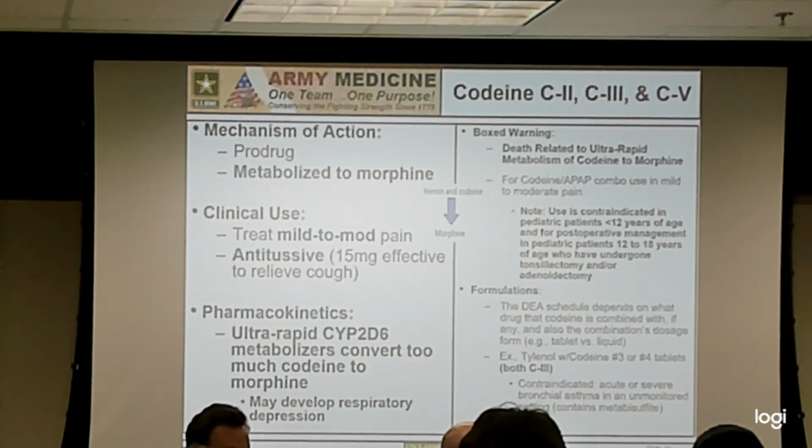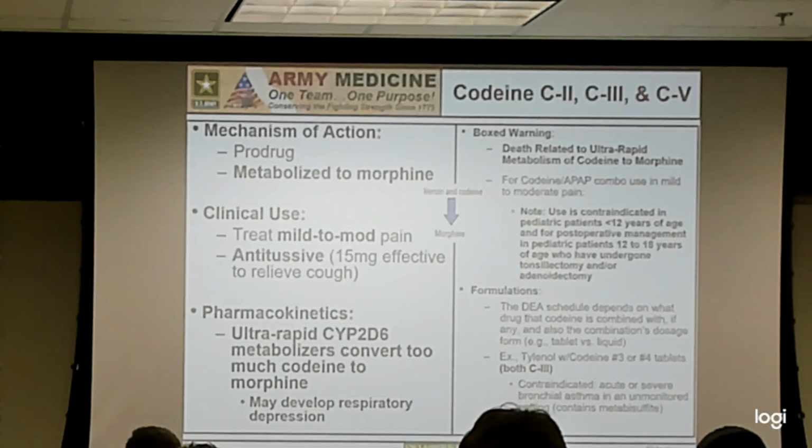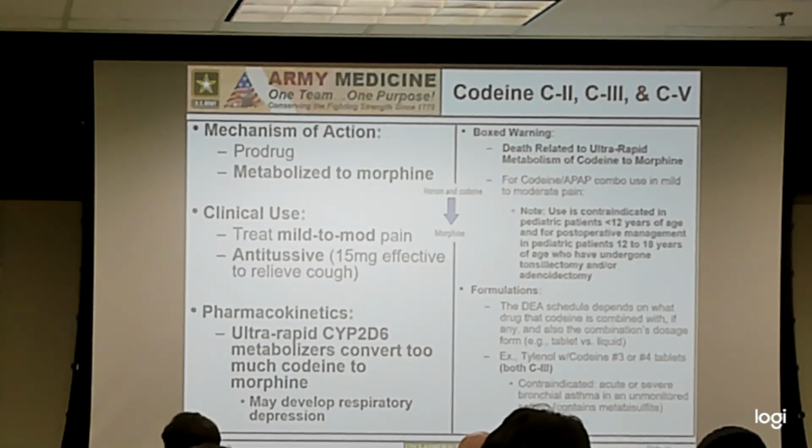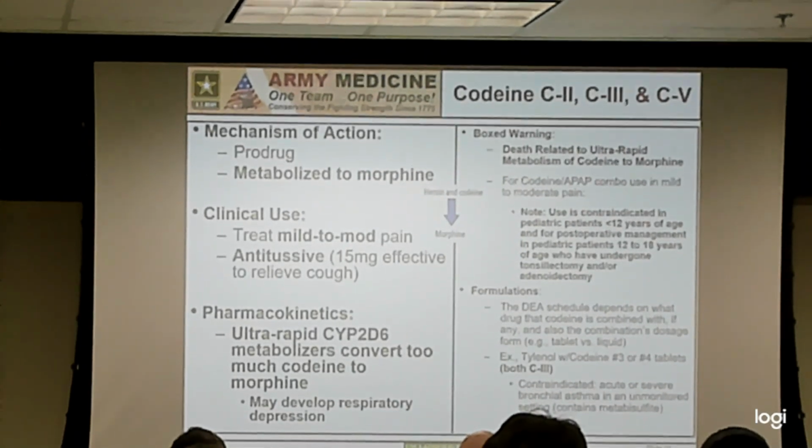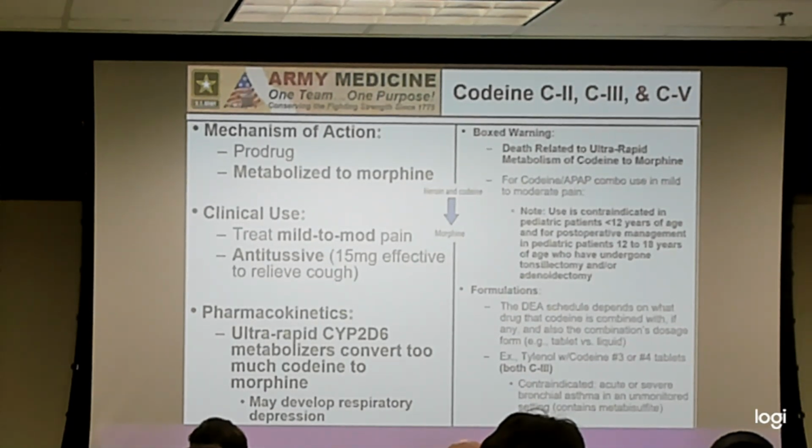What is very important here, and I read a case about this one, is looking at your ultra rapid 2D6 metabolizers. The reason this is very important is because they're going to convert that codeine more quickly to morphine, so the chances of them getting those side effects and respiratory depression are largely increased.